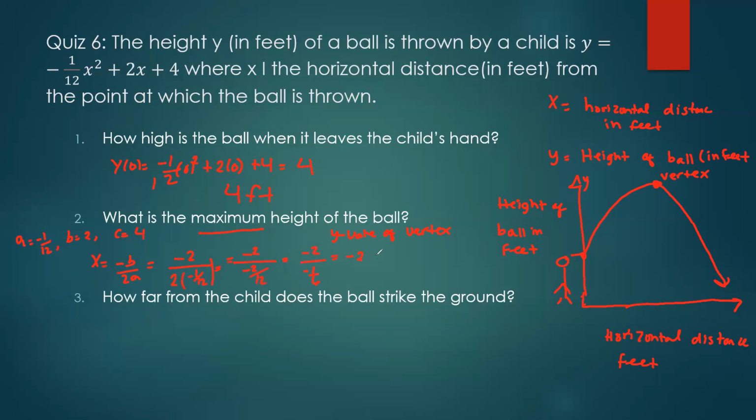Rewrite this as negative 2 divided by negative 1/6 and cross multiply: negative 12 over negative 1, which is 12.